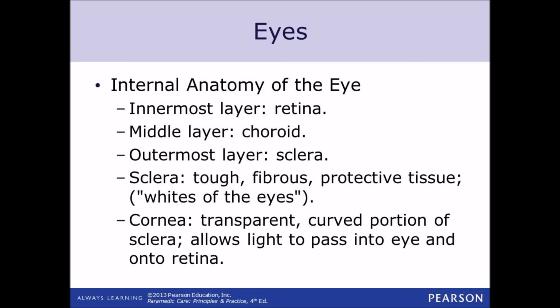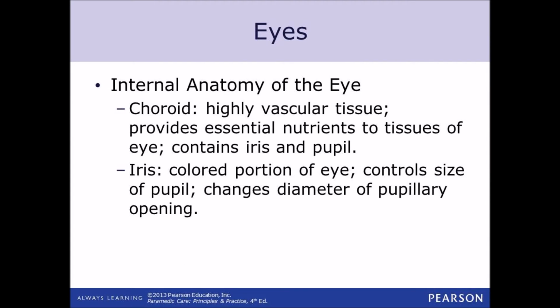The cornea itself is going to be on the outer surface, and that's that transparent curved portion. It is part of the sclera, but that's where the light initially passes through as it heads through the iris and pupil into the lens, where the lens focuses it on the back of the retina. So that's going to be our main focus here. And as we look at this, we'll talk about the different layers themselves.